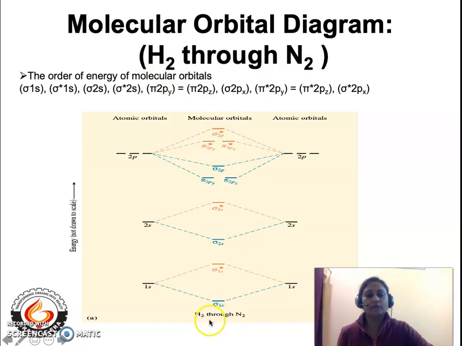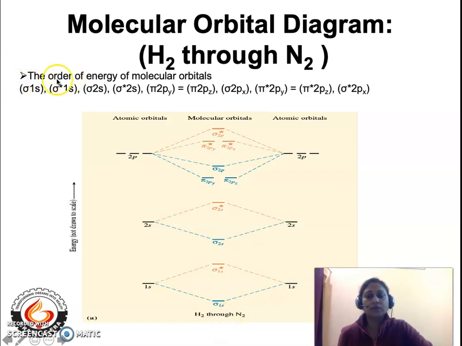So you have to follow the order: sigma 1s, sigma star 1s, sigma 2s, sigma star 2s, pi 2py, pi 2pz, then the sigma 2px, pi star 2py, pi star 2pz, and last is the sigma star 2px. After drawing this molecular orbital diagram, our next step is to fill the electrons as per the Aufbau principle, Hund's rule of maximum multiplicity, and Pauli's exclusion principle.